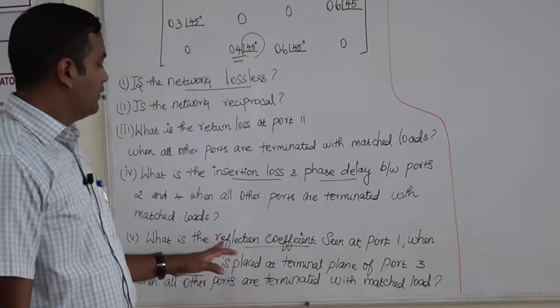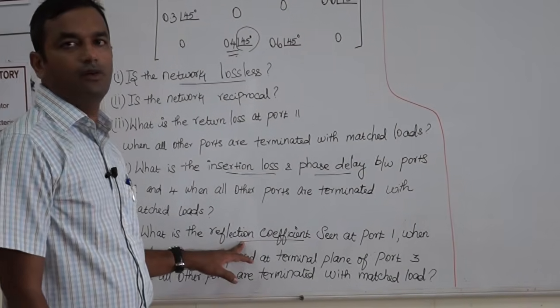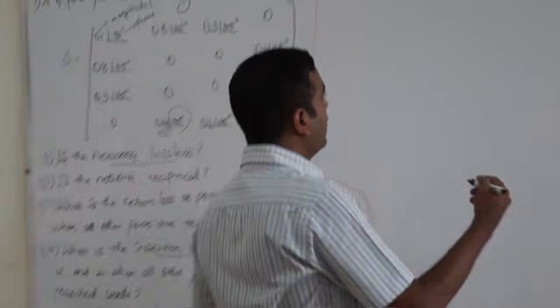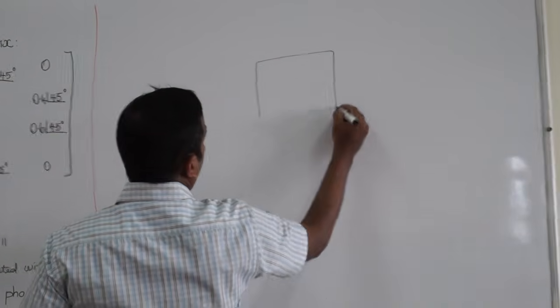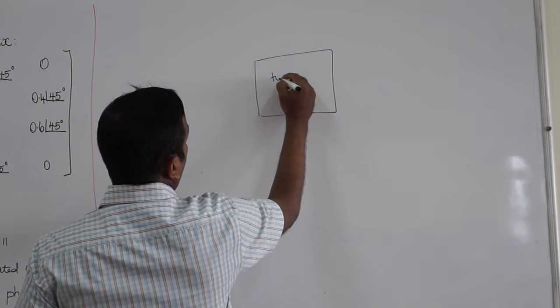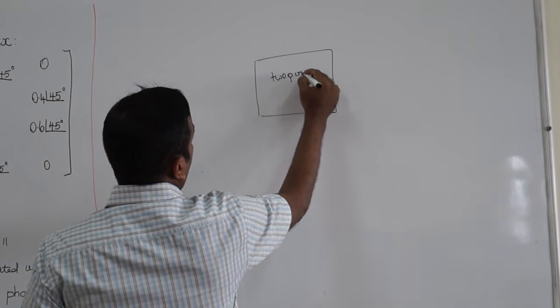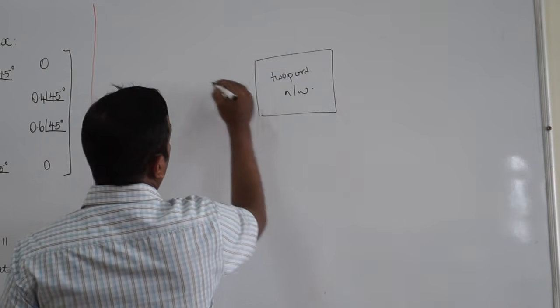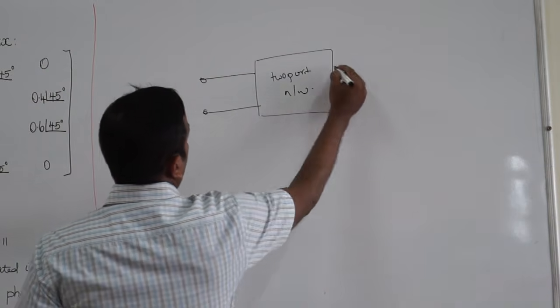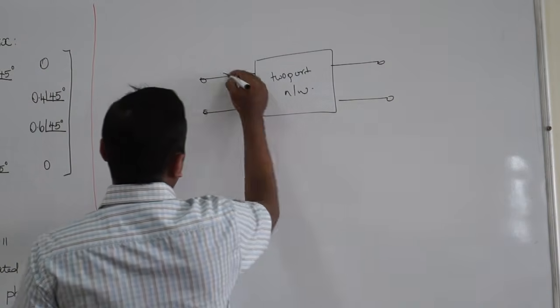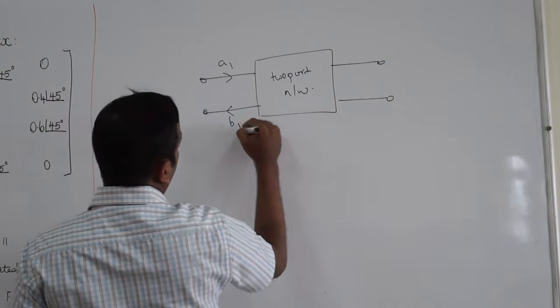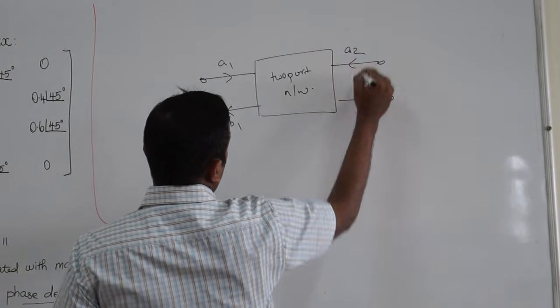First thing we will see is what a reflection coefficient is. Just a recap for a second. Let's say a two-port network, and if you need to find out the reflection coefficient, we call it A1, B1, this is A2 and this is B2.